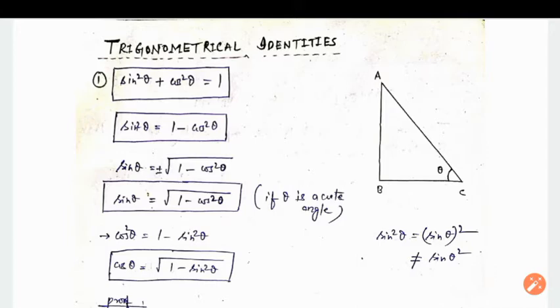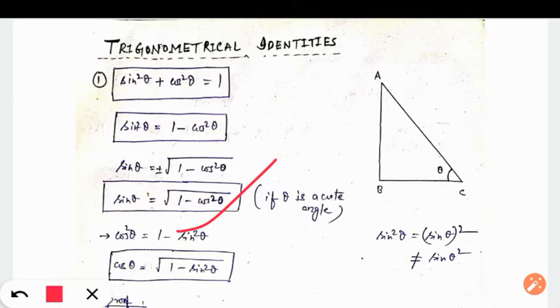So if you find sine, cos, tan of any angle between 0 to 90 degree, the value of those trigonometrical ratios will turn out positive. So when theta is an acute angle, lying between 0 and 90 degree, the values of trigonometrical ratios can never be negative. That is why here we have the positive value.